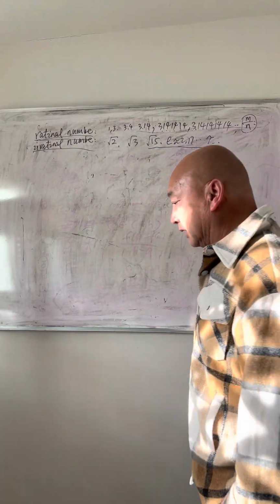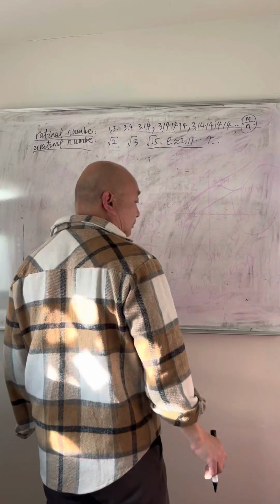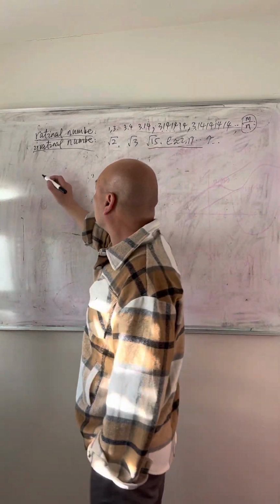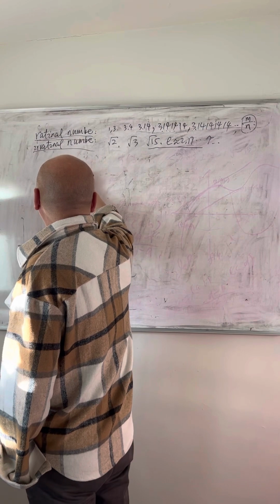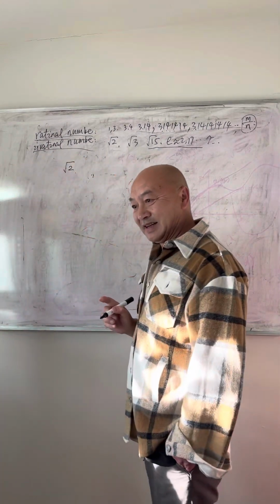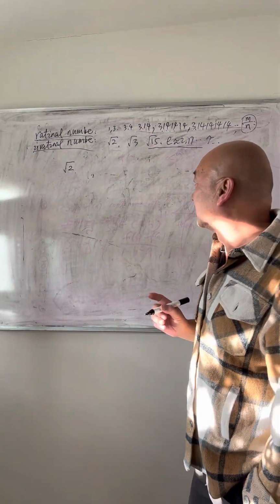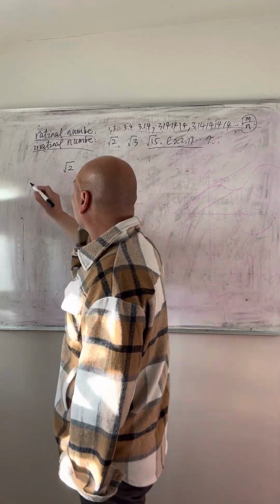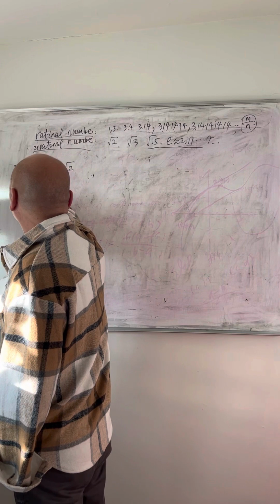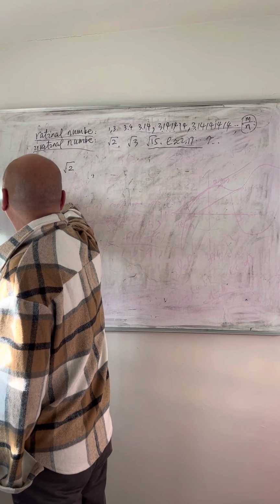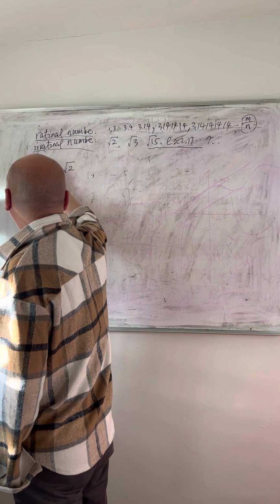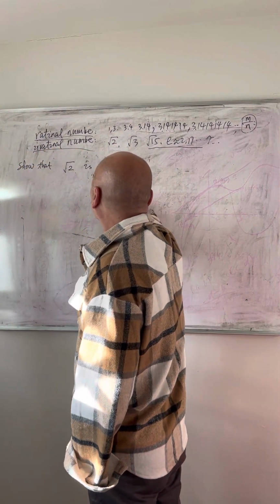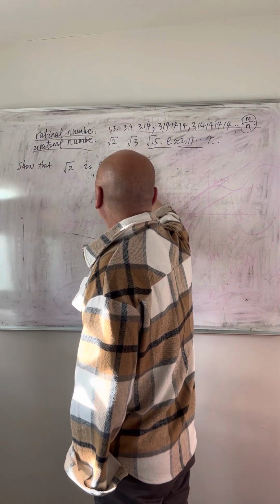Okay, now. Today, let me prove radical 2. How do we prove a number is an irrational number? Let's prove this one: show that radical 2 is an irrational number.